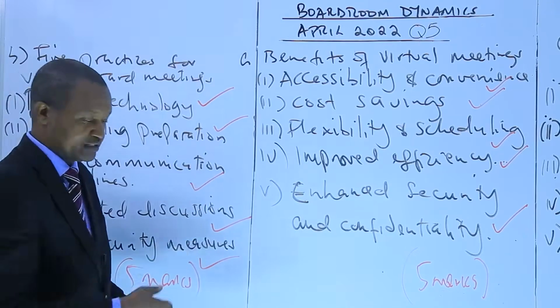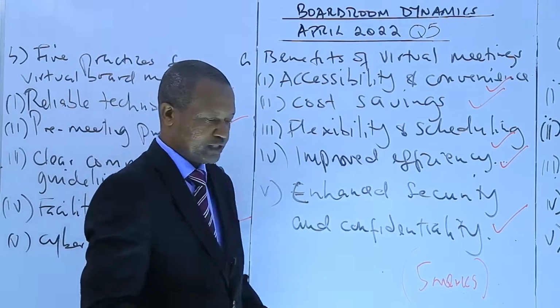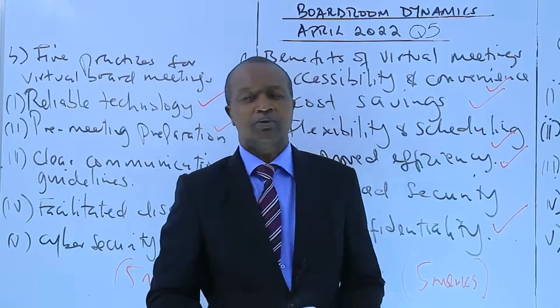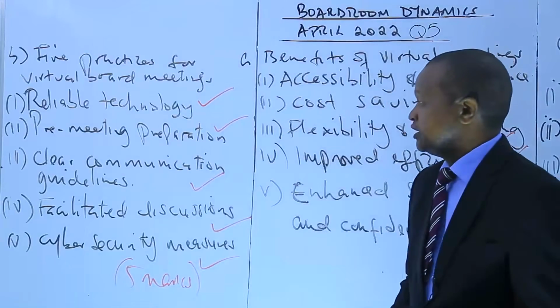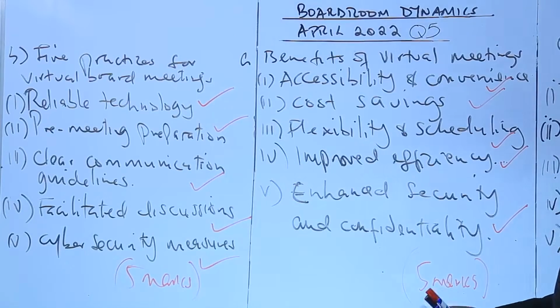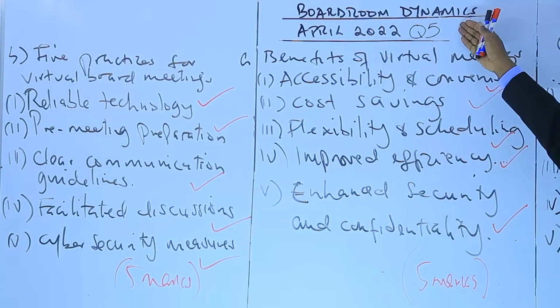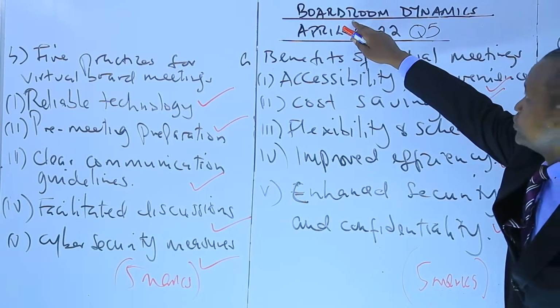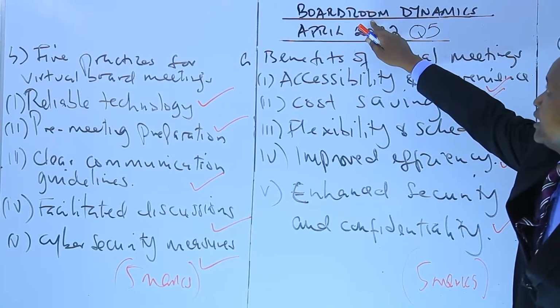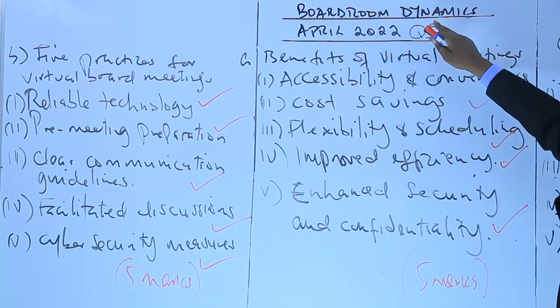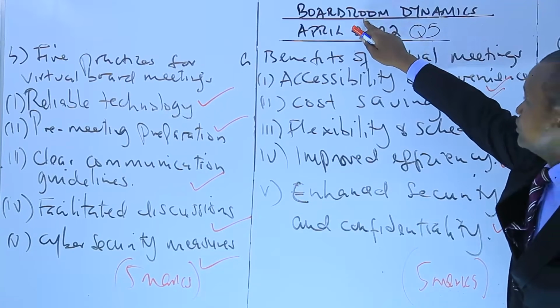We've answered it here several times. So you can see why I always tell you the boardroom dynamics paper is a very interesting paper. It's an easy paper because the subject just revolves around matters to do with what happens in the boardroom, the dynamics in the boardroom.